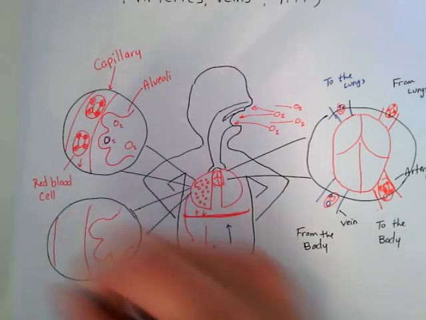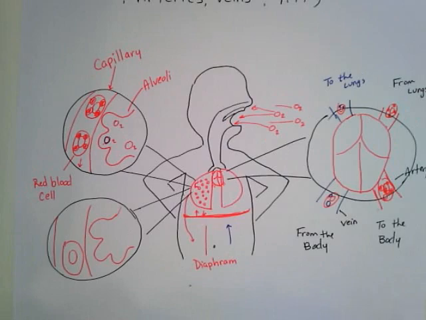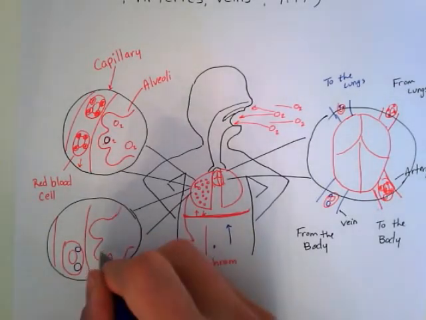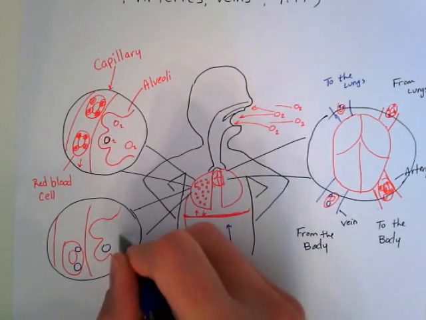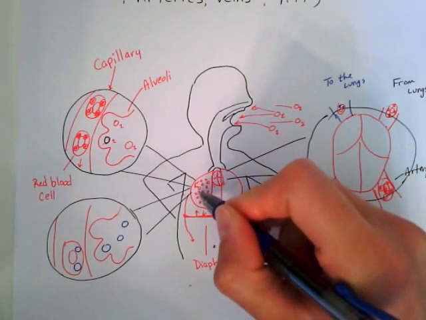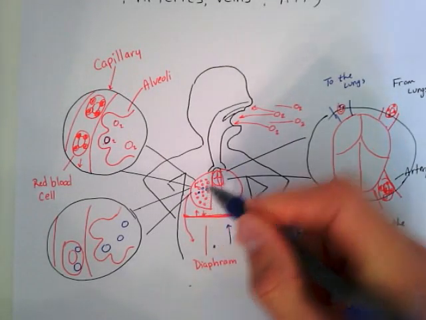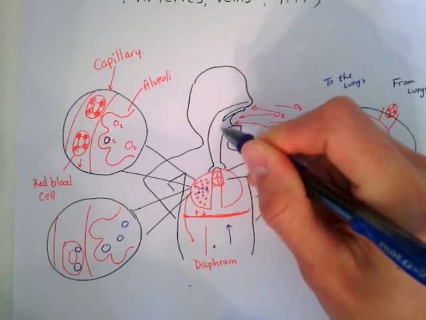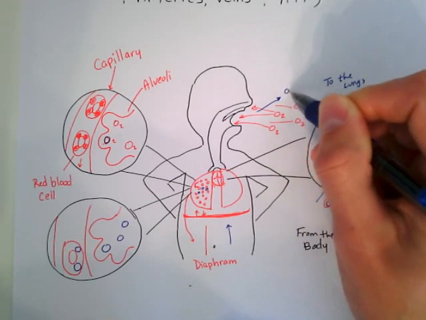In this case, it has our red blood cells, but instead of oxygen in those red blood cells, we have our carbon dioxide, which then gets dropped off into the capillary. And then it goes into the lung. And then as the diaphragm goes up, it pushes and makes that gap smaller. And then the carbon dioxide leaves through the mouth and the nose, and that's when we exhale.